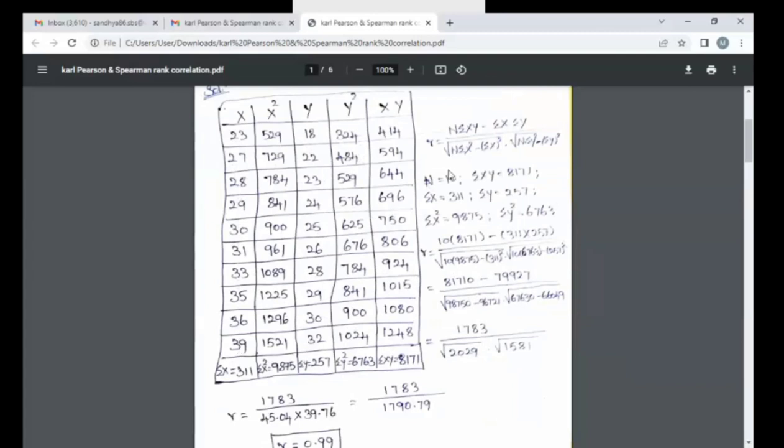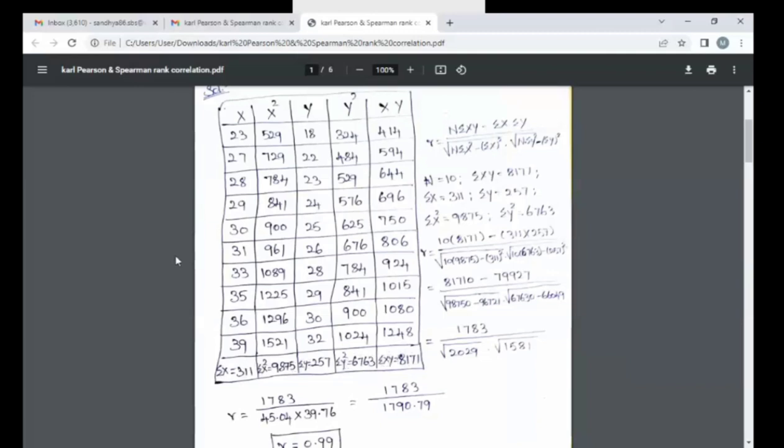Next we have to find the value for summation xy. Summation means addition, so add all the xy values in the last column. If you add them, you will get 8171. Next you have to find all the summation values: summation x, summation x square, summation y, summation y square, then summation xy.